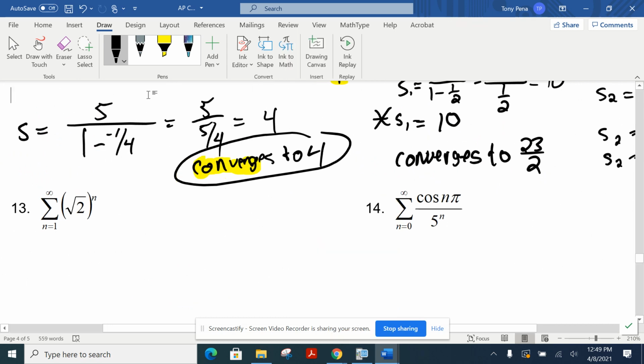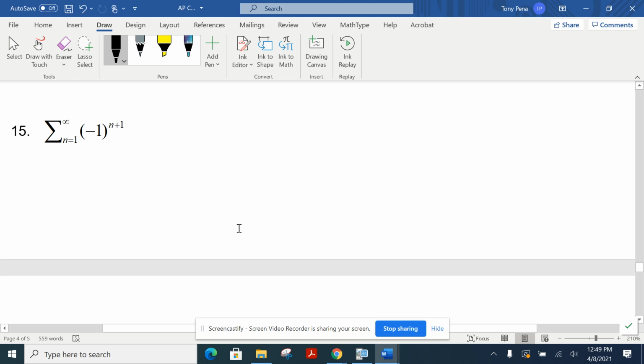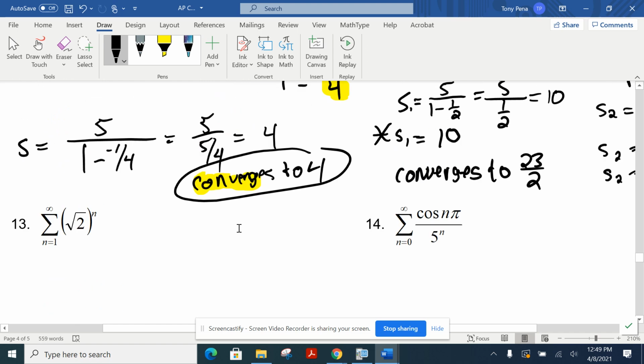Maybe we'll get into another one. All right, and should this converge or diverge?